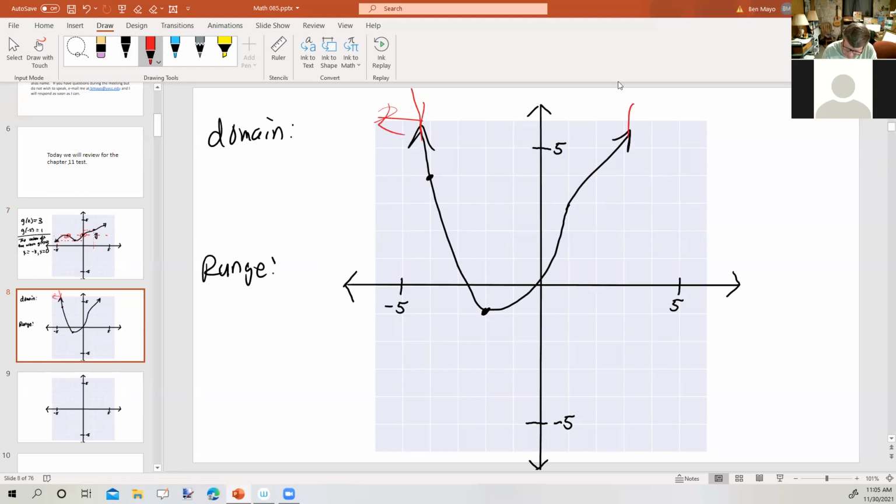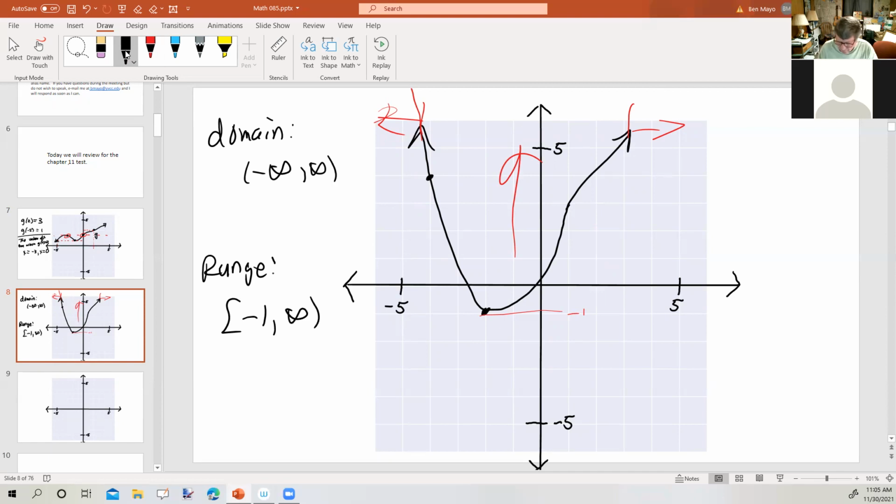On the right side, as it's going up, it's also going over. So your domain would be all real numbers. The range, however, the y values, the lowest range value is -1, and then it goes on up to infinity. So you'd have -1 to infinity. Any questions on that one?